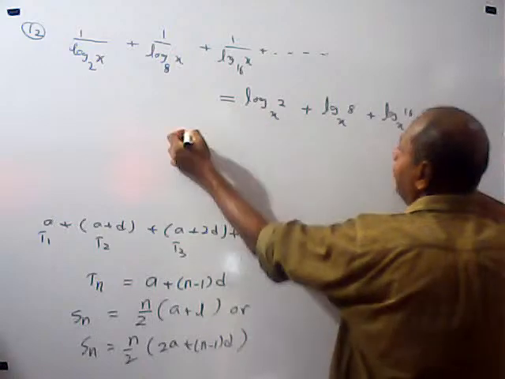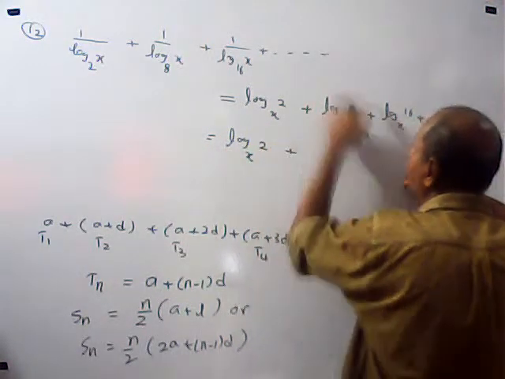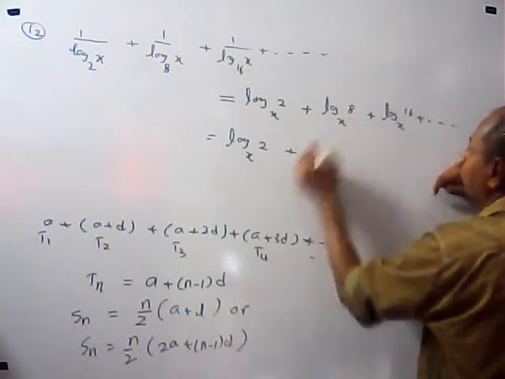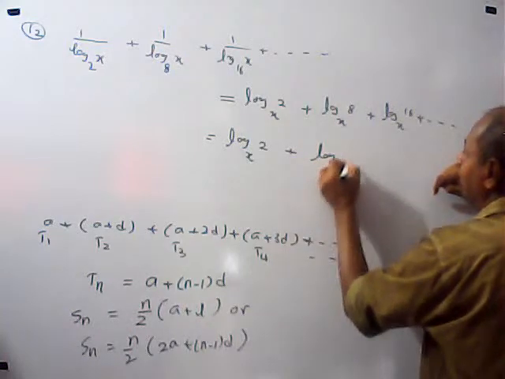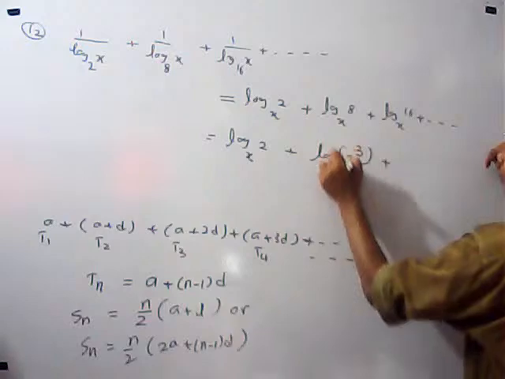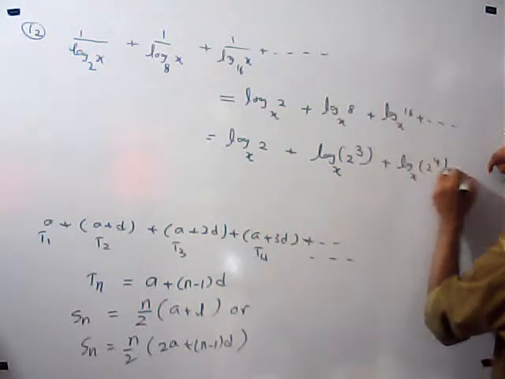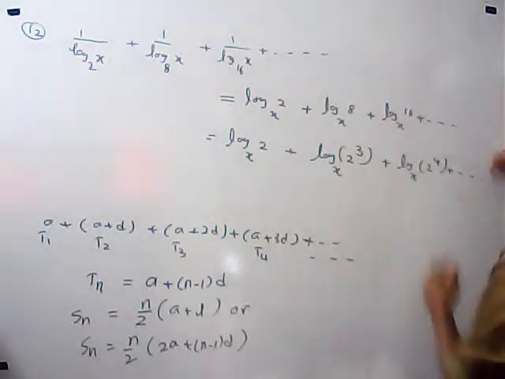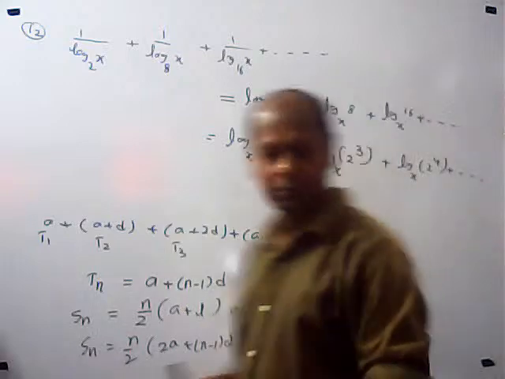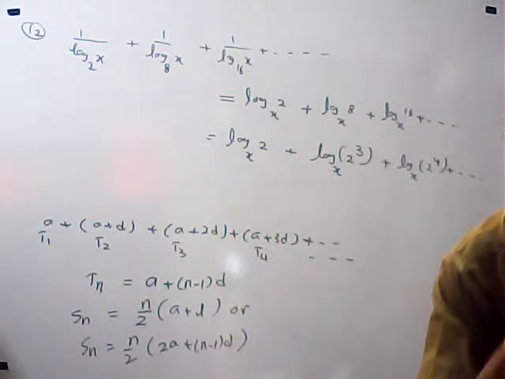If this is a, we have to write the others in terms of a, so in terms of 2. You can write this as log base x of 2 to the power 3, then this as log base x of 2 to the power 4. Then these 3, 4 will come with the 16 term.